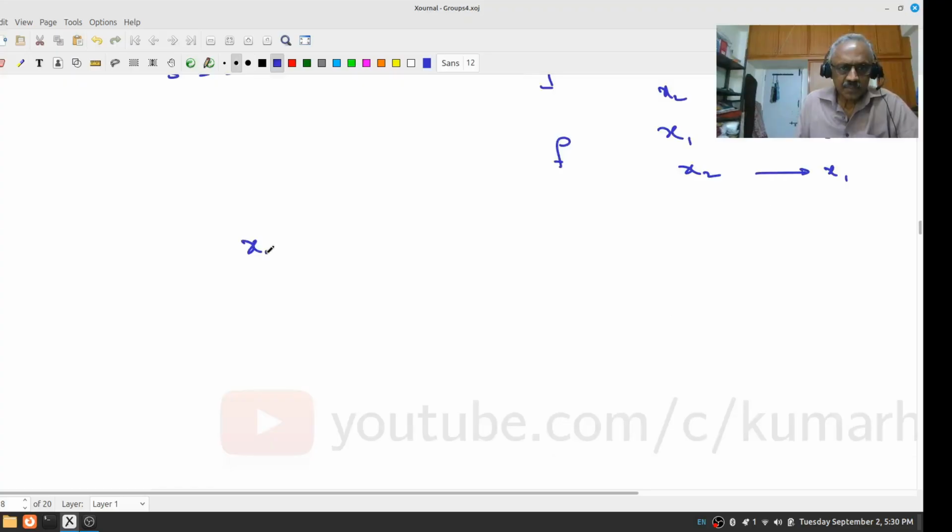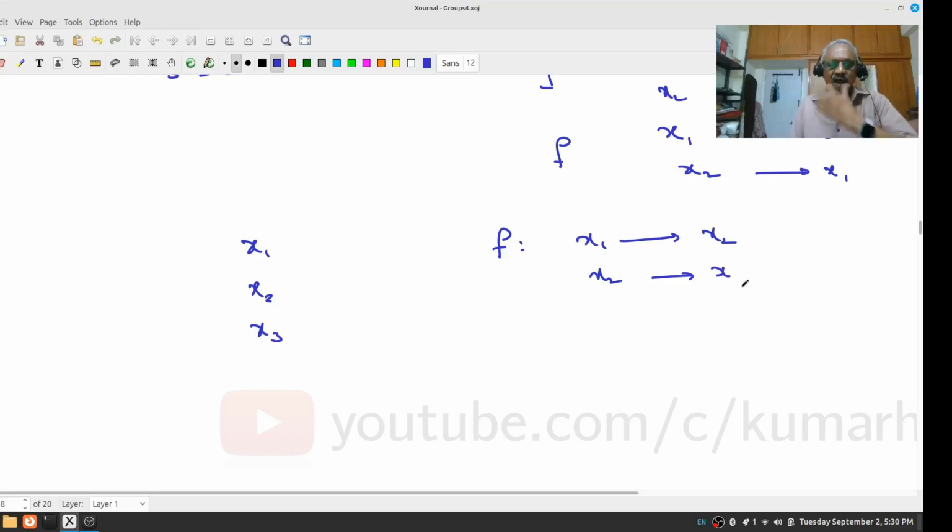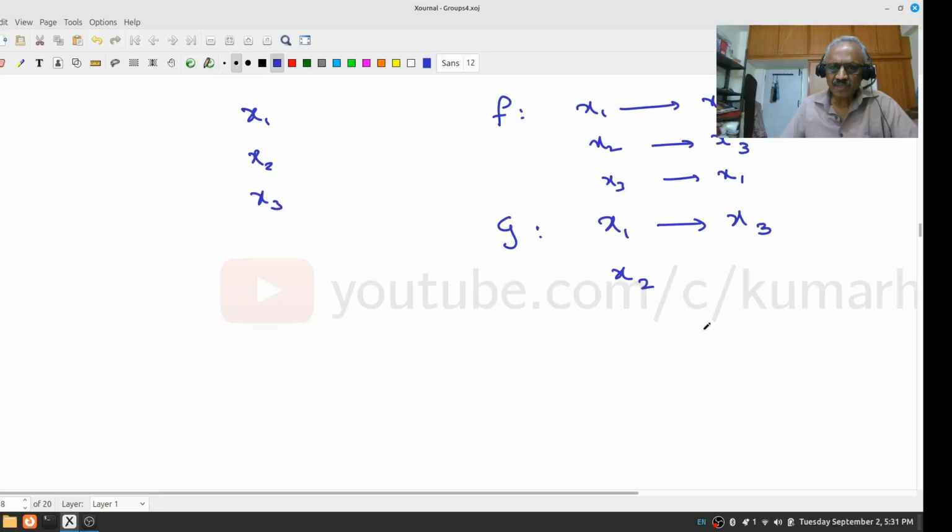Suppose I have 3 elements, x1, x2, x3. Let us look at f, which maps x1 to x2 and x2 to x3, and g to be x1 to x3, and therefore, it's a bijection, so x3 must go to x1. Actually, I think a transposition should work.